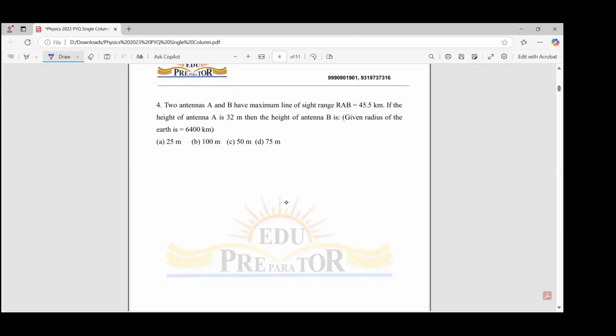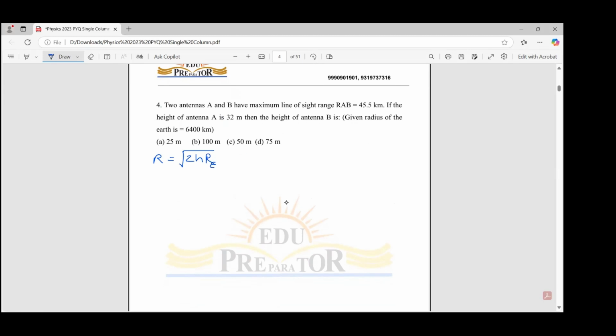Now this question is the one regarding which I was discussing, that is, the certain topics which are not in the regular CBSE syllabus. It's the topic of communication systems. Now please remember, the range is equal to square root of 2 into height into radius of the earth.